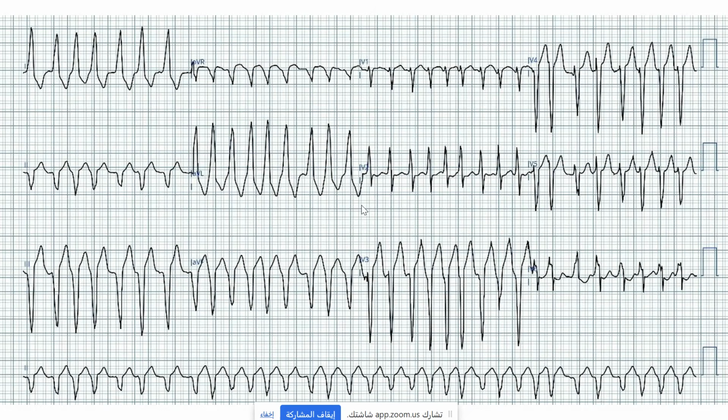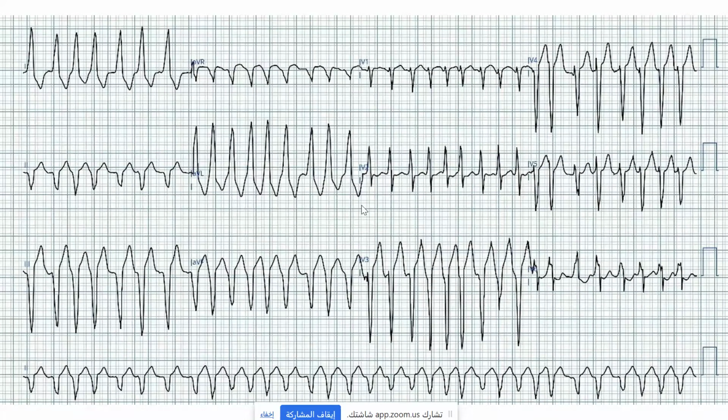Before that, make sure your patient's condition is stable. Look at his hemodynamics. If his hemodynamics are stable, you can think about what you mentioned. If the patient is hemodynamically unstable, what will you do? Cardiovert. Cardiovert anyway.